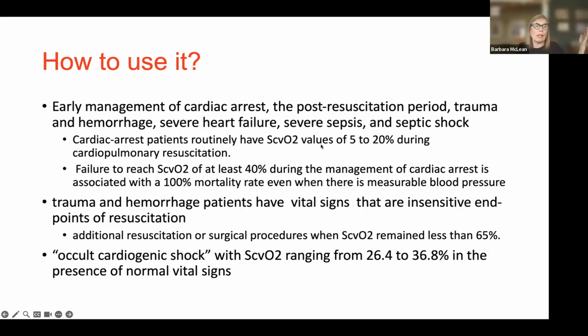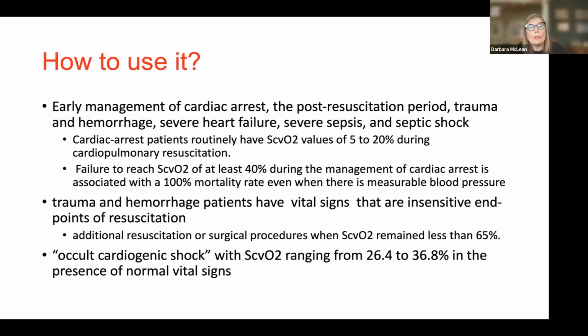Don't expect otherwise, not because your compressions are poor, but because it's just not the same as your heart. But if you don't get to 40% after return of spontaneous circulation, 100% mortality, even with blood pressure. Oh my God. 100% mortality if you don't have an ScvO2 of 40% after resuscitation.